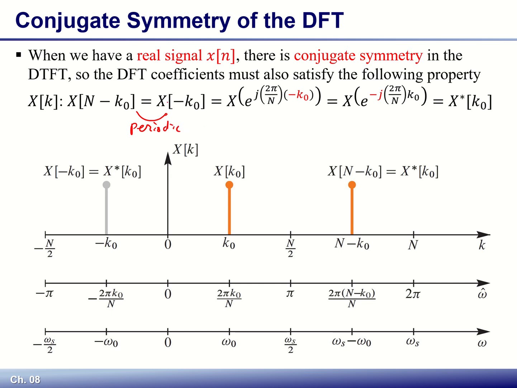So when you put this minus k in the DTFT, it will be minus j. It means that instead of j, we put minus j. So the negative frequency X[minus k0] will be X[k0] complex conjugate when x[n] is a real signal.